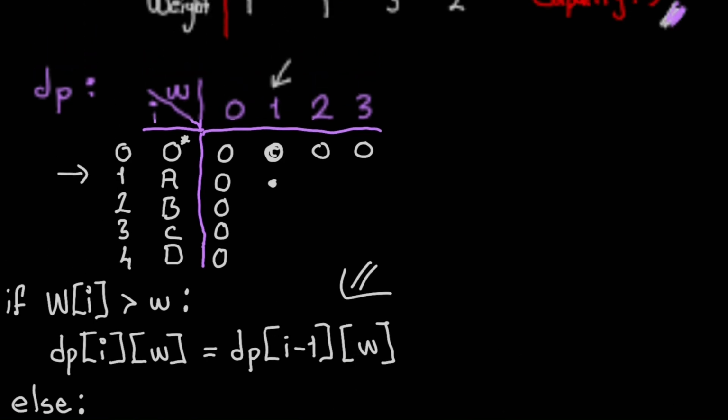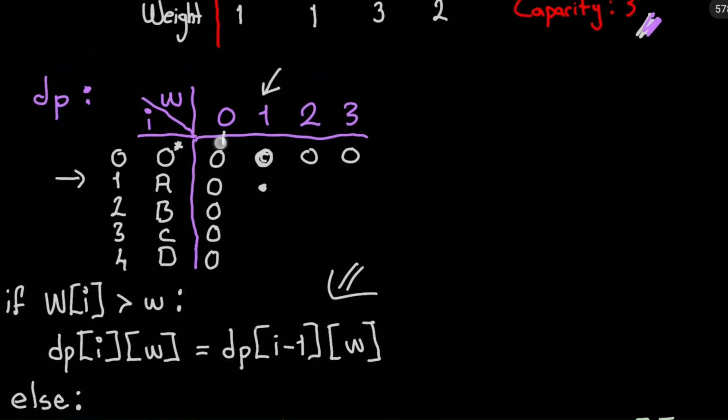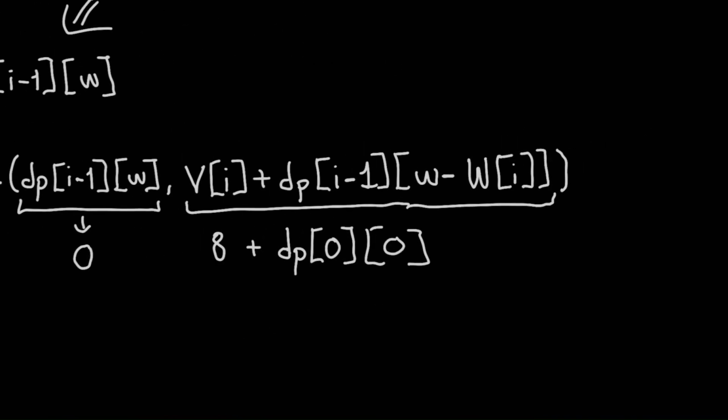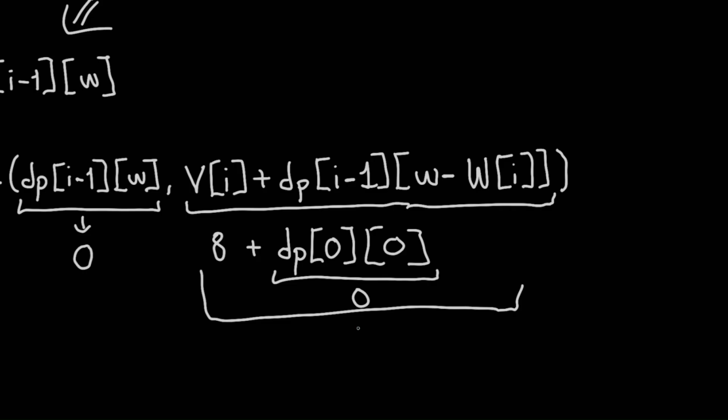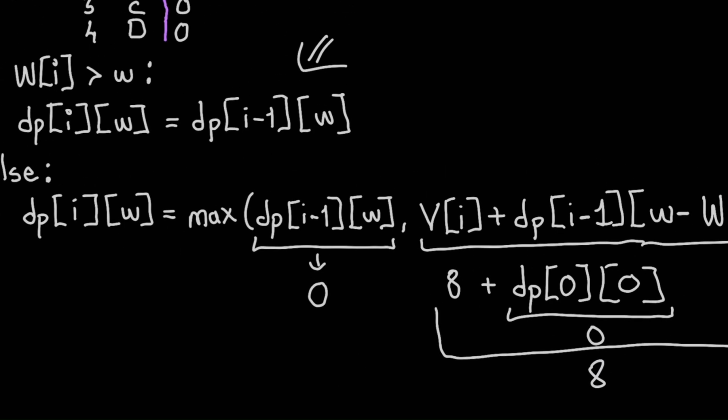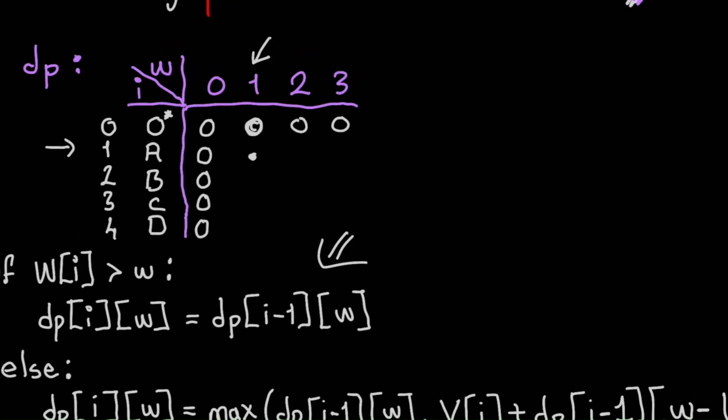Let's see. Where is it? It shows us this cell, which is 0. So this one is also 0. The whole expression is 8. So that means that since 8 is greater than 0, we are writing 8 here.